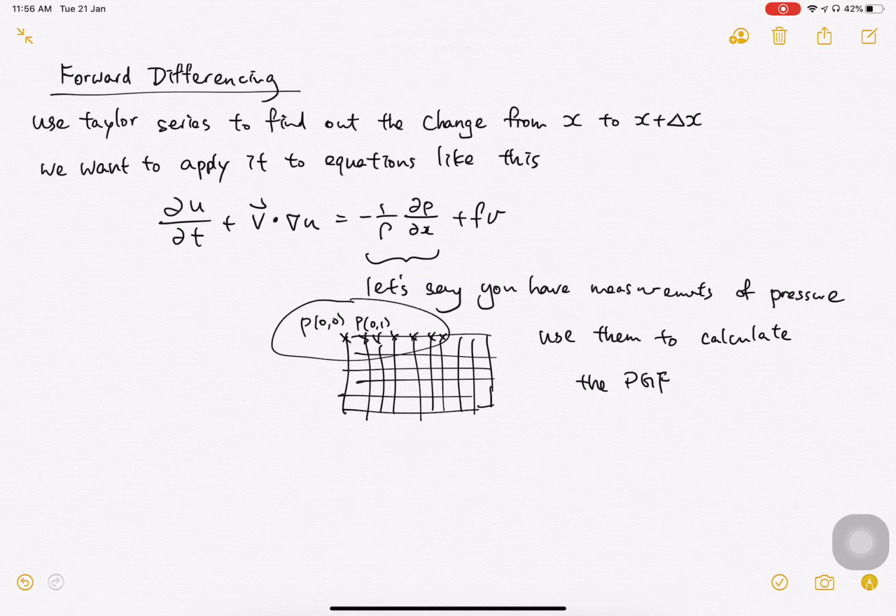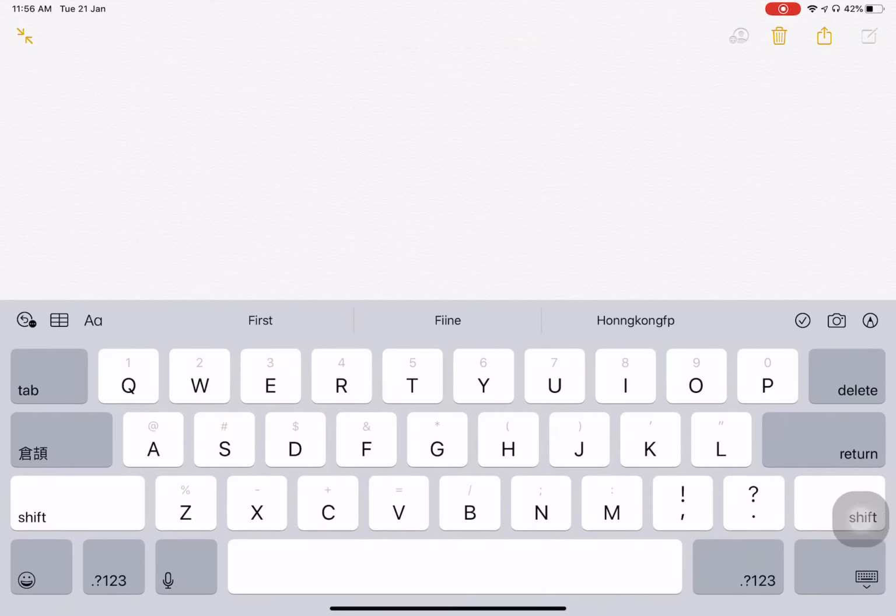So we will blow this up and imagine f(x) is P, the pressure, and we approximate f in the next location around your current location.